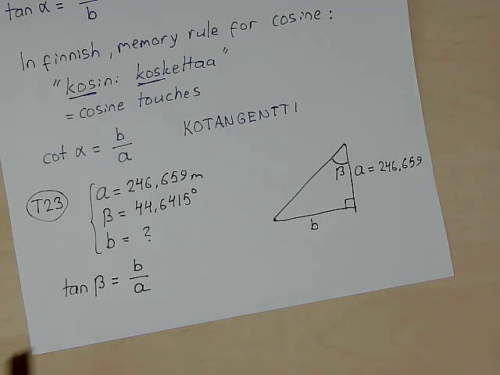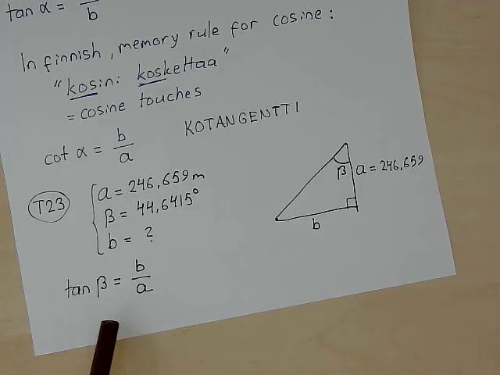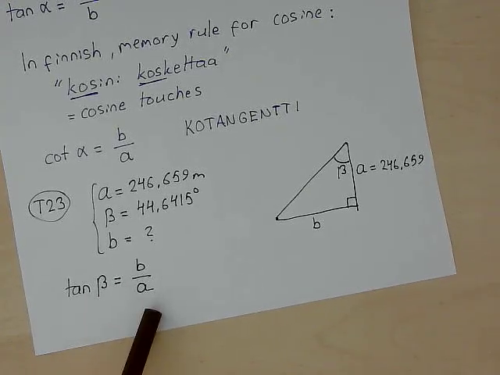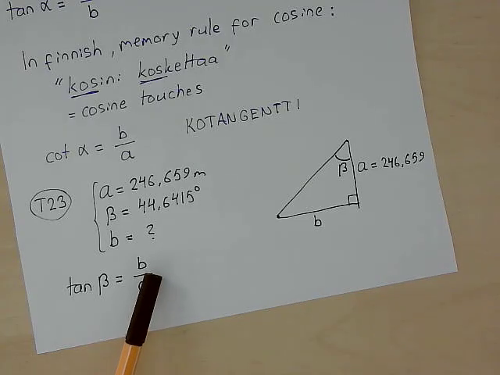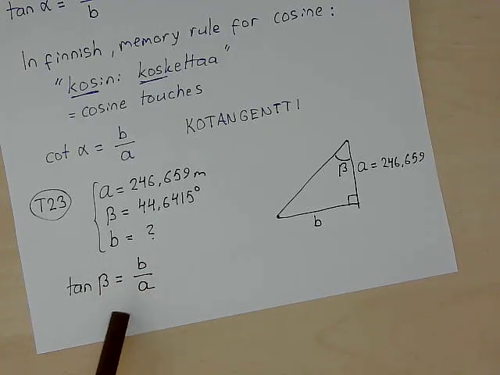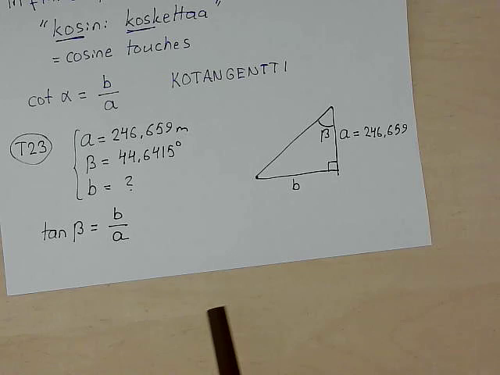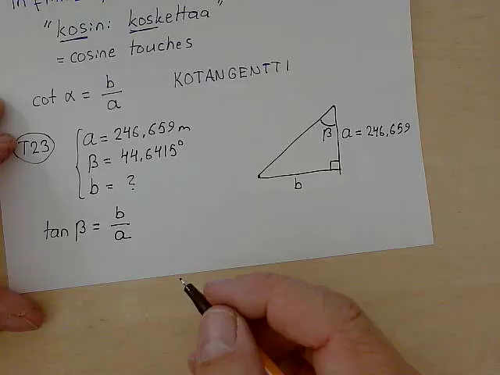So we know from this formula or this equation both beta and A, and we need to solve B. How do we solve B from this formula? You cross multiply. That is possible. Cross multiplying makes B the subject of the formula.